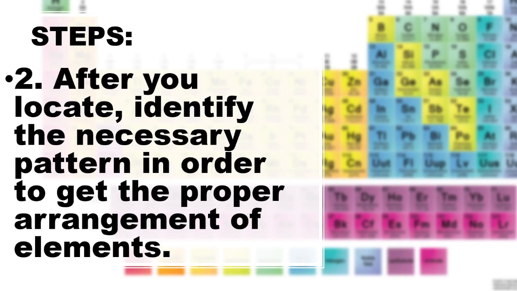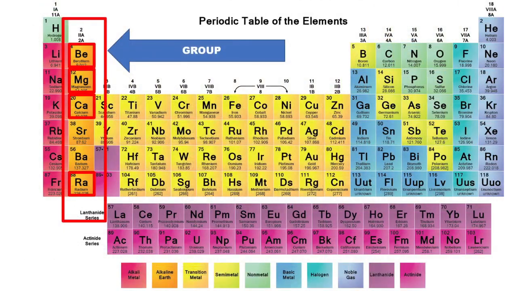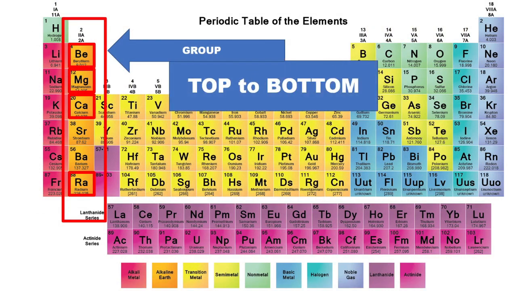Step number 2, after you locate, identify the necessary pattern in order to get the proper arrangement of elements. Now, the right pattern for this example is top to bottom.